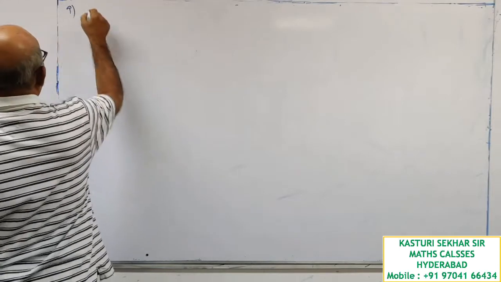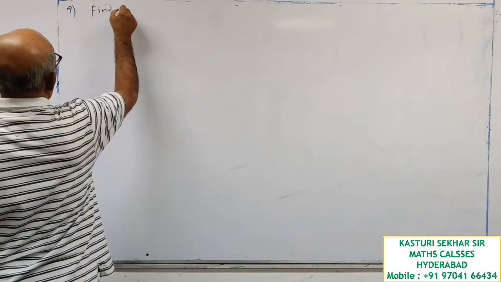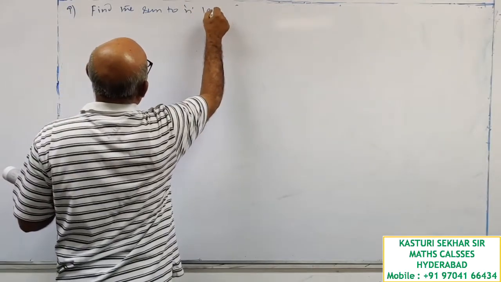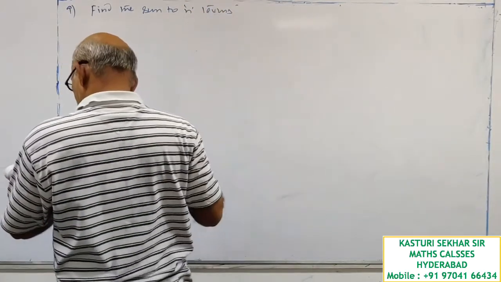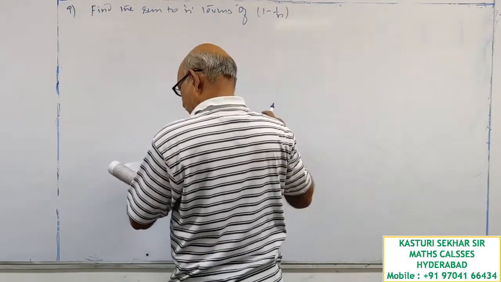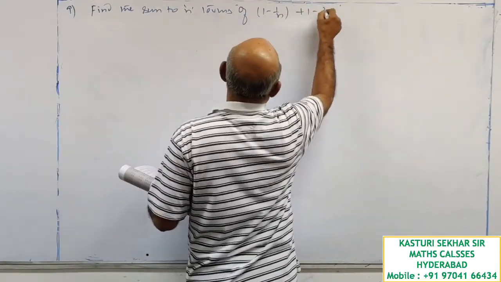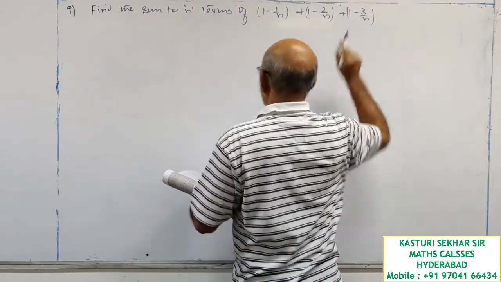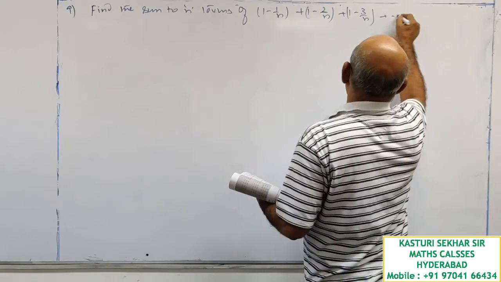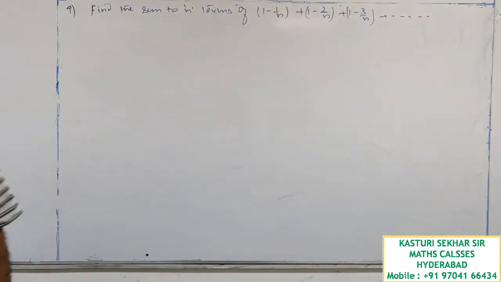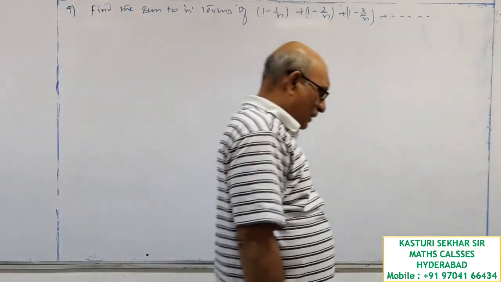Find the sum to n terms of 1 minus 1 by n plus 1 minus 2 by n plus 1 minus 3 by n plus etc. This is my question.